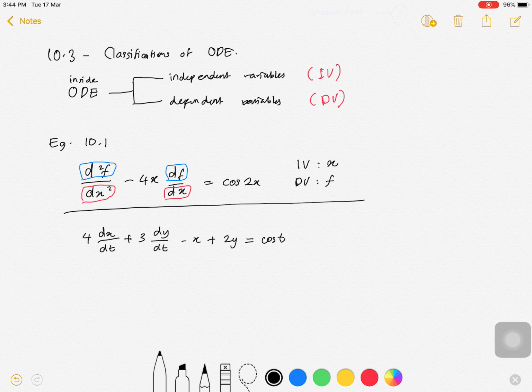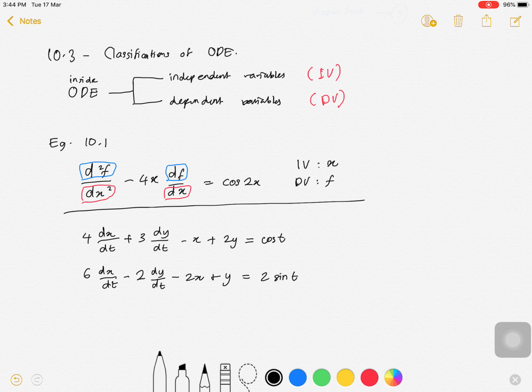Another equation is 6 dx/dt minus 2 dy/dt minus 2x plus y equal to 2 sine t.